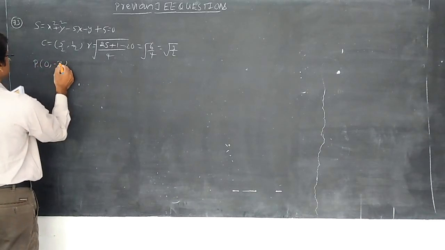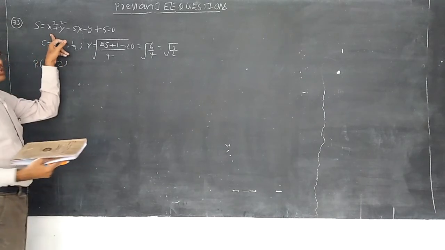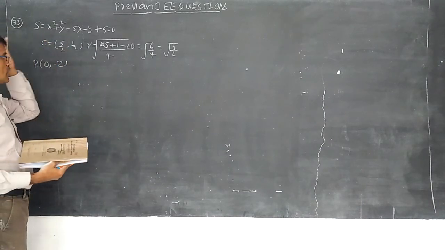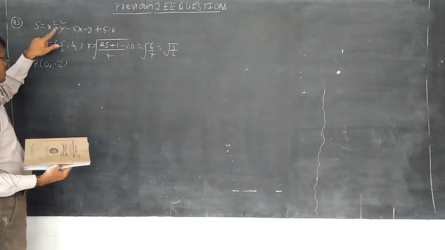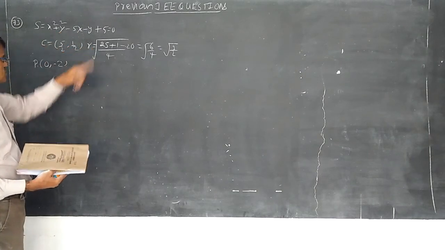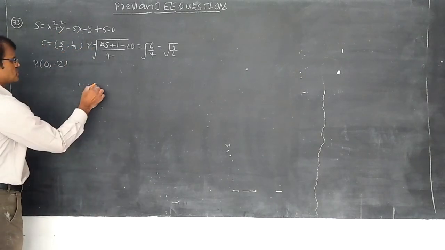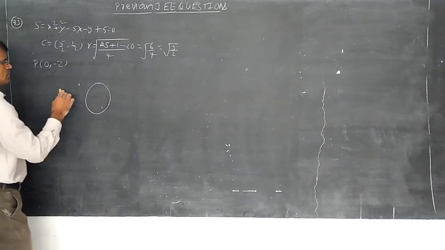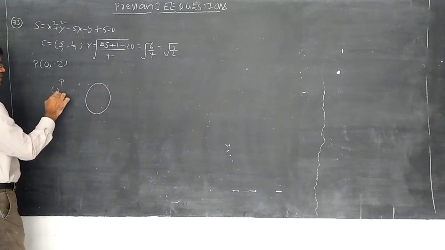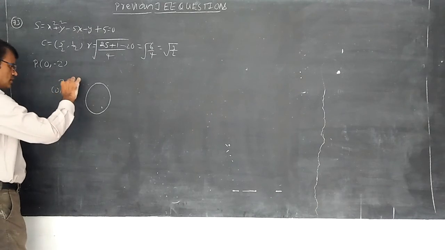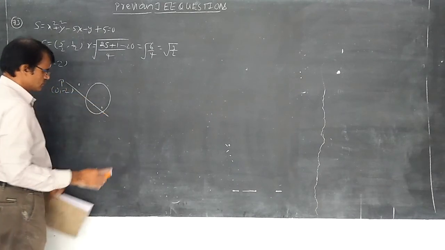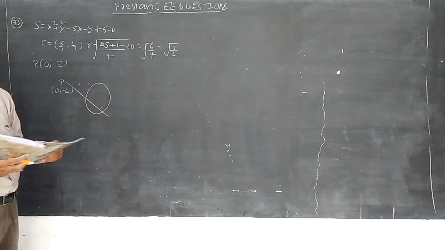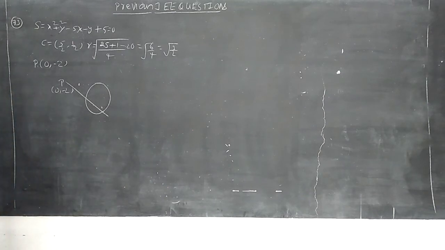Students, substitute P (0, -2) to check whether it is inside, on, or outside of the circle. Substitute here: it becomes 4 plus 2 is 6, 6 plus 5 is 11. So it is outside of the circle. Put here P (0, -2) and draw a line like this. What is he asking? The maximum value of PQ whole square.